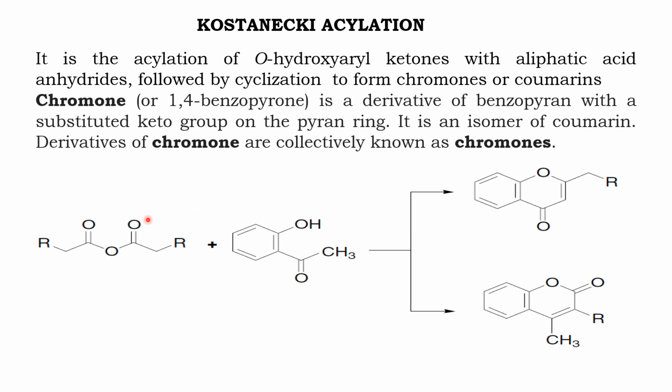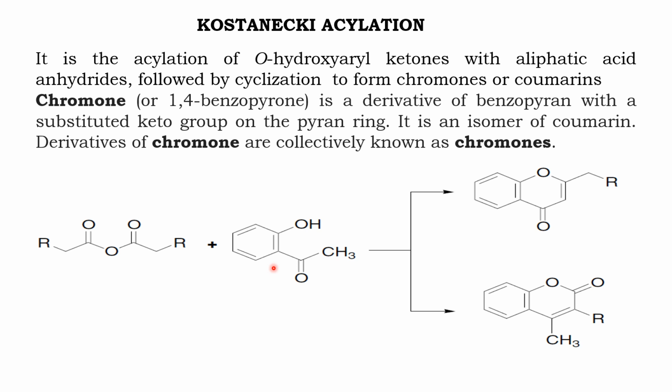See here, this is an ortho-hydroxyaryl ketone. Hydroxy, ortho position, we have the aryl ketone. So OH is present at the ortho position of the ketonic group attached to the benzene ring.